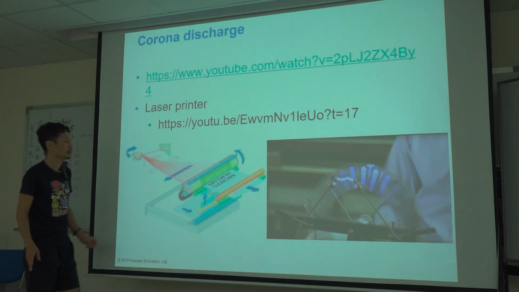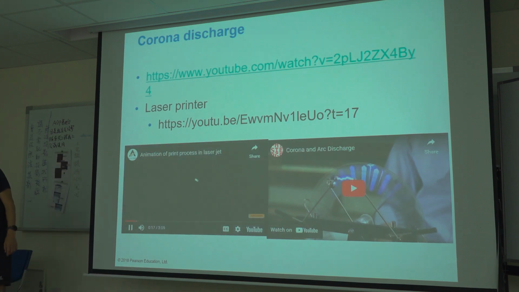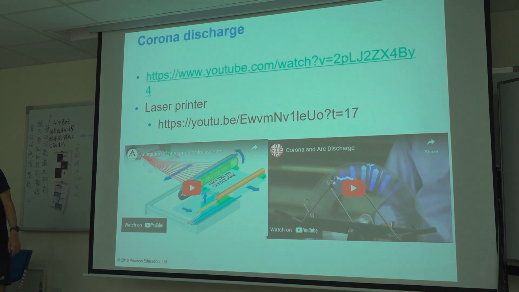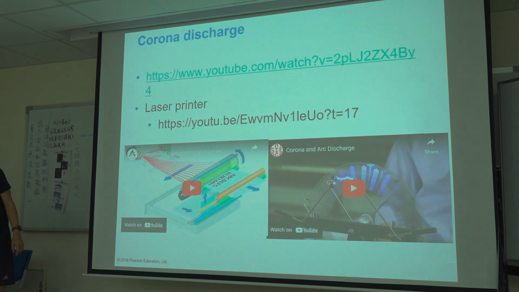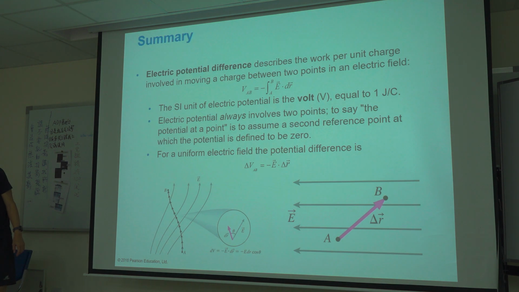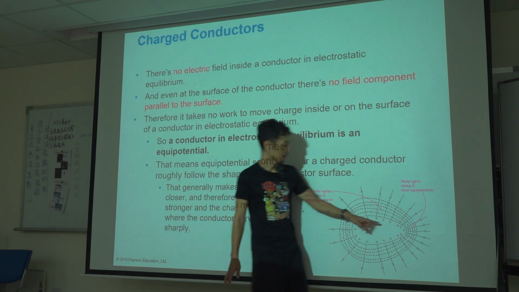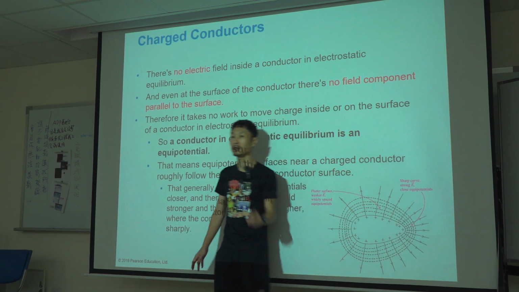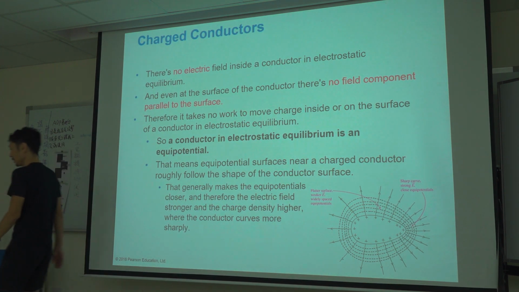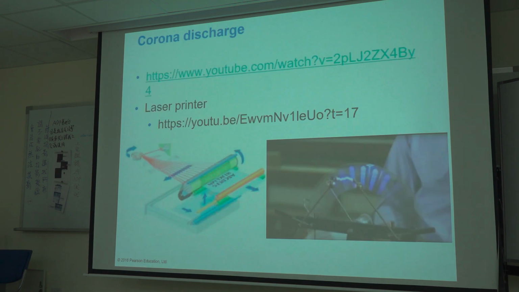The laser printer is something that uses this. So at a sharp edge, the electric field gets stronger, and the laser printer uses that to print things.